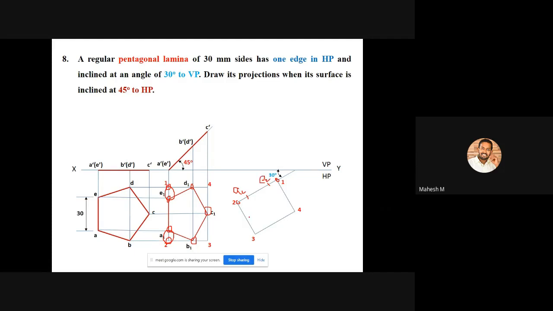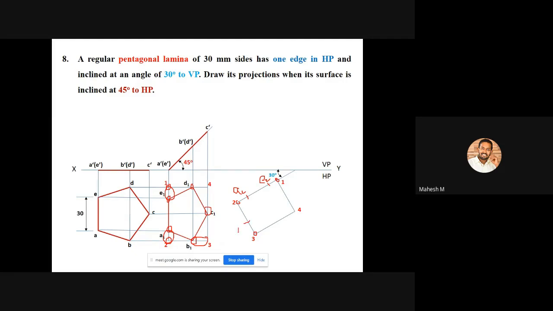After doing that, I can mark the point B1. It is available exactly in line 2, 3. I am going to measure this distance, or else this distance, and you can choose your own distance. Okay, so I measure this much distance from 3 to B1. I place my needle exactly here and create an arc like this.